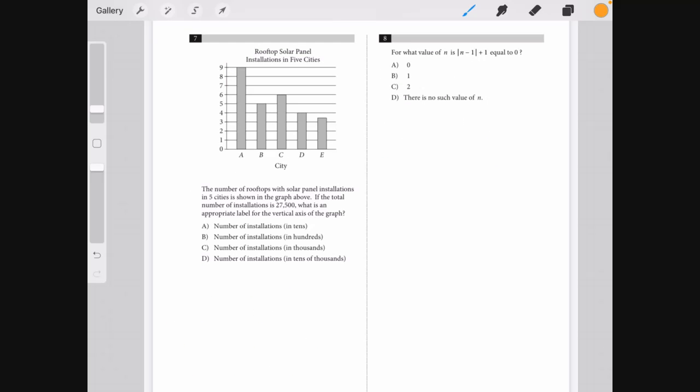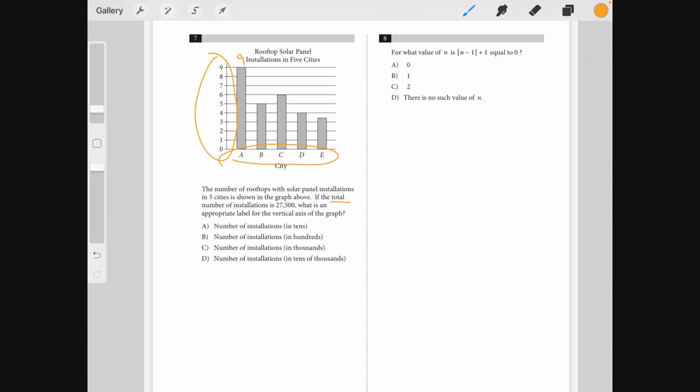The number of rooftops with solar panel installations in 5 cities is shown in the graph above. If the total number of installations is 27,500, what is an appropriate label for the vertical axis of the graph? So we want to know if we add all of these up, right, the total number, it should be 27,500. So let's read the numbers on the graph.